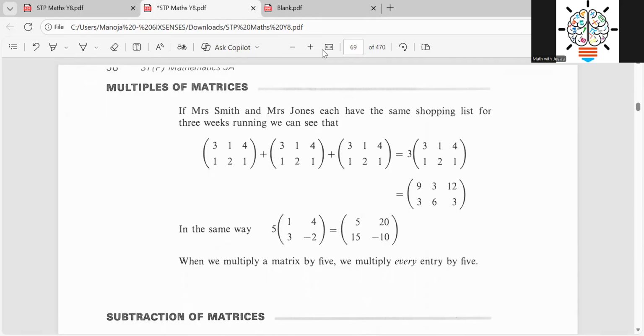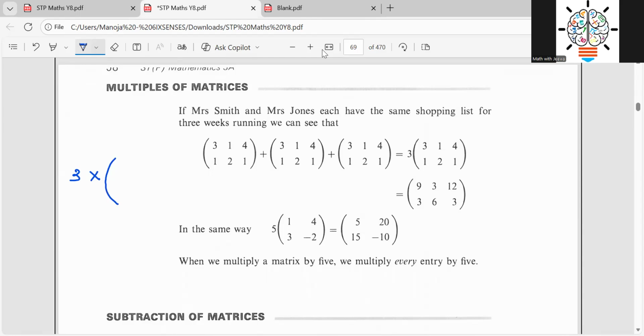The same way, let's say that you have 3, 1, 4, 1, 2, 1 written three times. How many times have you written it? 3 times, right? So then you write it like this. Then how do you do the multiplication? The meaning of this is 3 times the matrix 3, 1, 4, 1, 2, 1, like this.